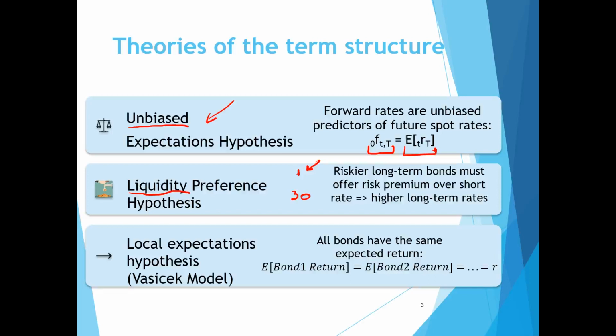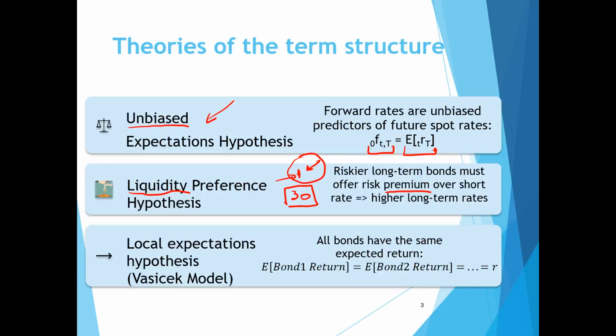It's not the same thing to invest every year in 1 year bonds for 30 years as to invest in one 30-year bond now. Because of the liquidity, if you decide to invest in this bond, you're going to have to get a premium on top of the strategy. Hence, the rates for the 30-year must be much higher than just reinvesting in the 1 year bond.